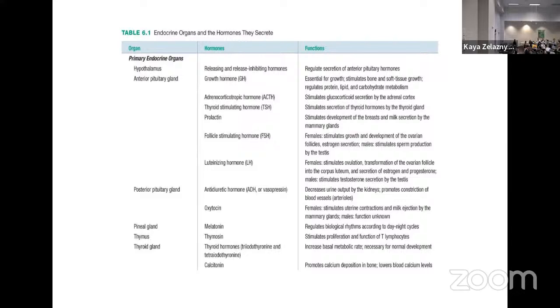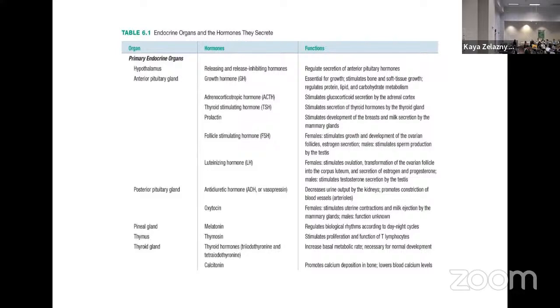We have lots of anterior pituitary hormones, and that tropic flow, because we have hormones from the hypothalamus affecting the release of hormones from the anterior pituitary, and then potentially affecting other endocrine organs past that as well.